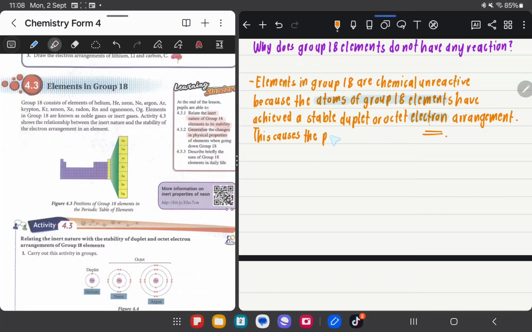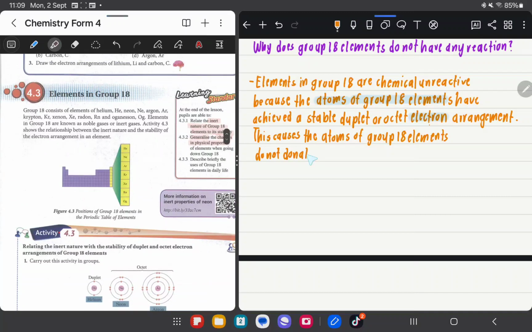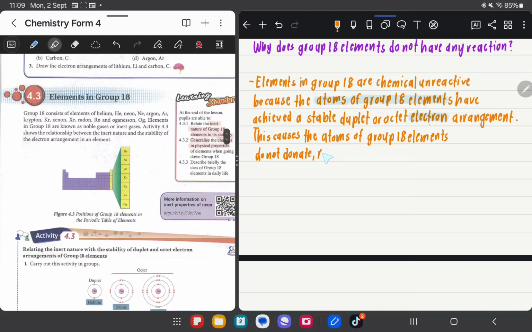Okay, this causes the particular elements atom, saya lagi terang, ataupun kita payahlah particular, skematik sangat ni. Okay, this cause the atoms of group 18 element do not donate, receive or share.